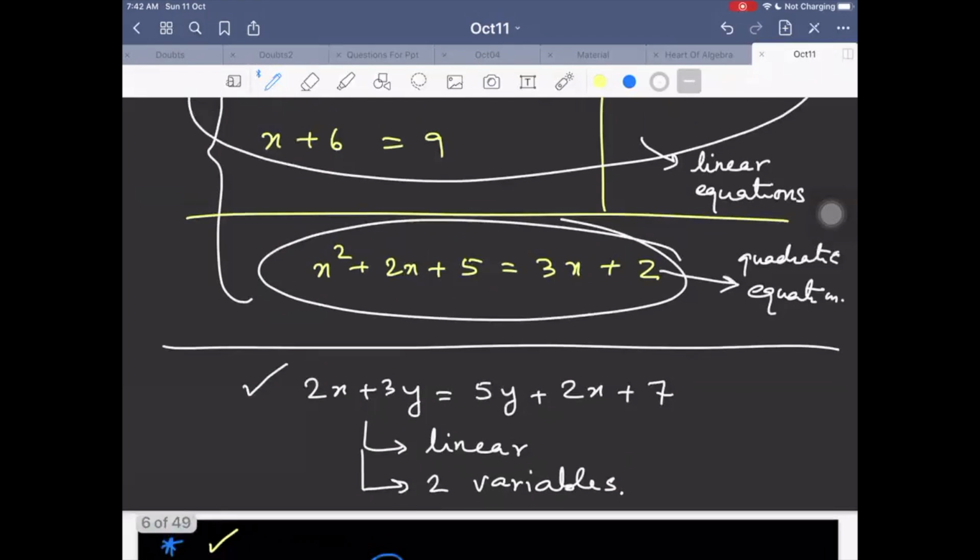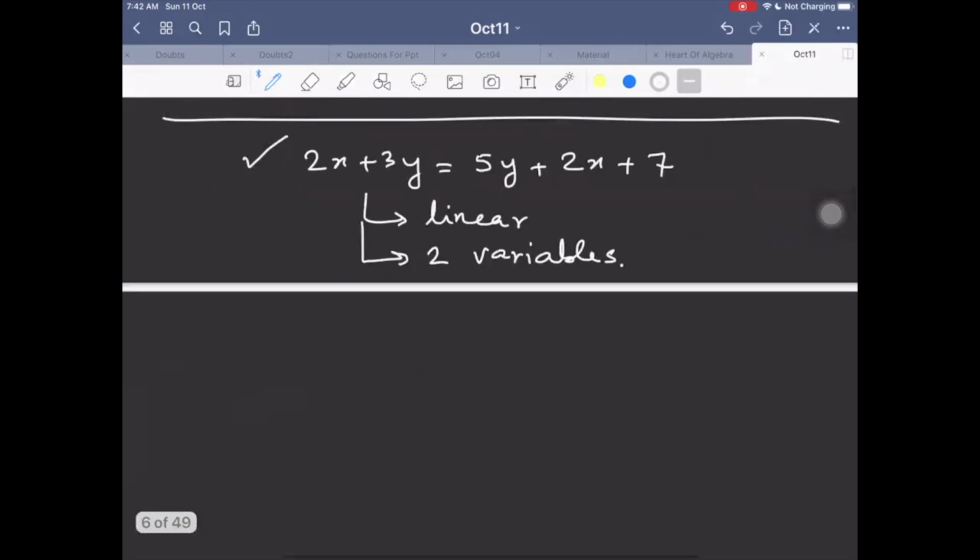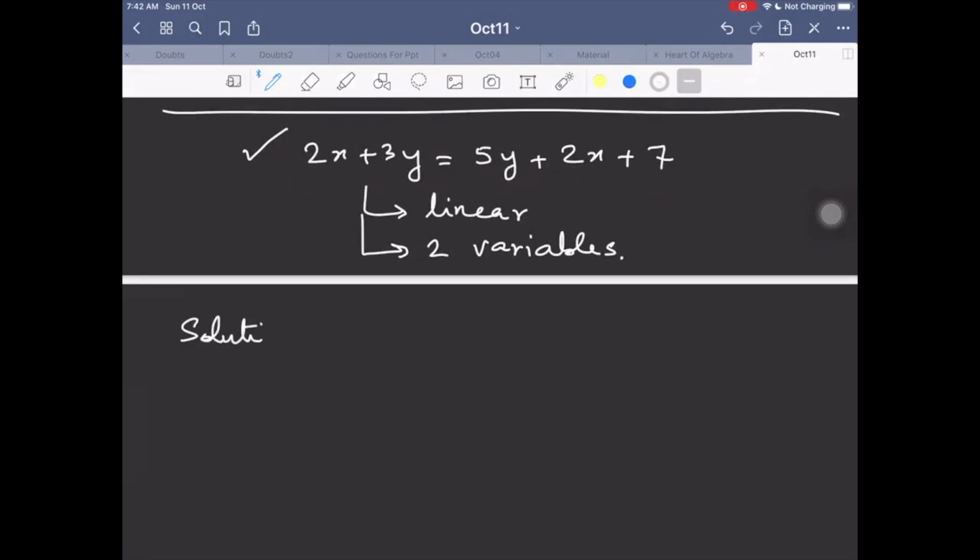Cool. Now let's talk about the solution of an equation, or solving an equation. So what do you call a solution of an equation? Can somebody give me an idea?